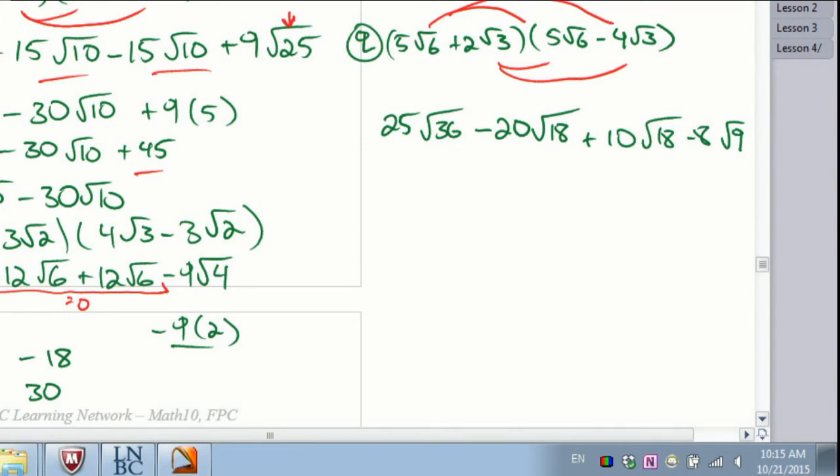There's a couple ways we could do it. Yeah, I'll just go like this. 25, root 36 is 6. I have 20 root 18s. I'm taking negative 20 plus 10. It gives me negative 10 root 18.